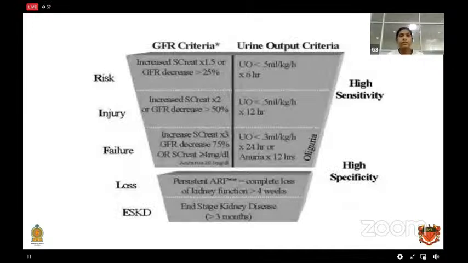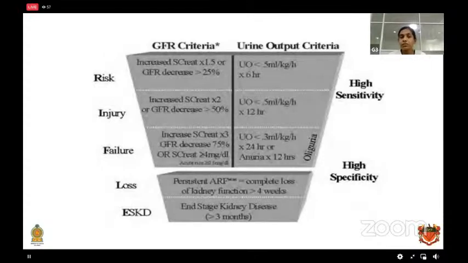So this is the severity assessment. I'm not going to go into detail. This is called the RIFLE classification, where you classify the renal impairment, that means assess the severity. It is based on GFR or serum creatinine and urine output. I just want to highlight, if the patient is in the ward at the risk stage, you have to detect the patient at that time.